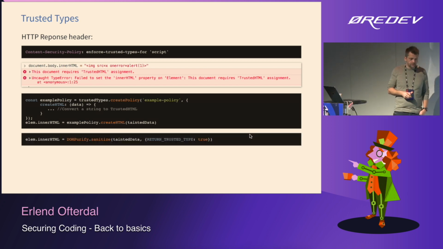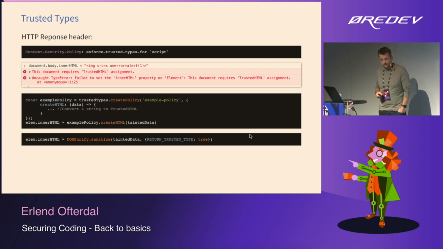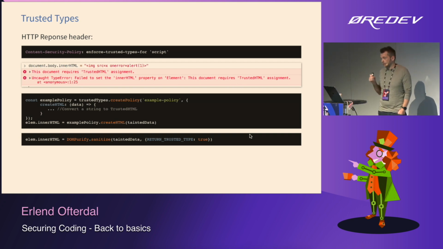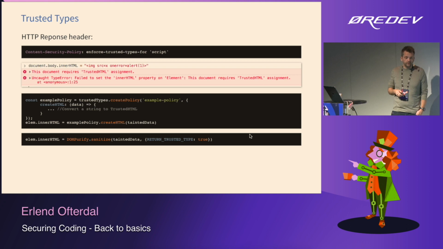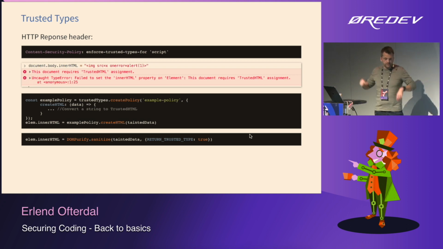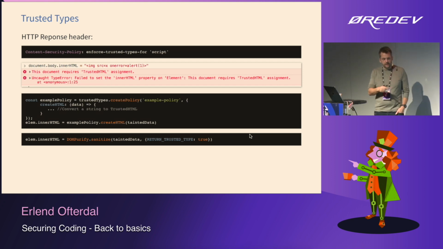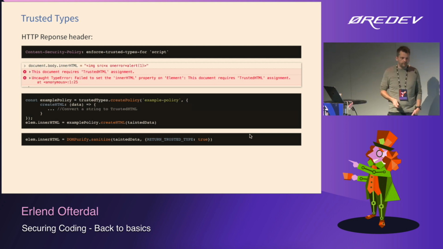And the best way to do this is with a library that's called DOMPurify. DOMPurify is built by some excellent security people that know every bit and piece there is about cross-site scripting. And this is a library that keeps getting updated. And they added a return option that says return trusted type true, and then you can do the assignment. You just have to add this sanitize thing around it. And you can change the policies and make it work the way you want. But again, now you have to remember to use this DOMPurify sanitize thing whenever you want to do it.